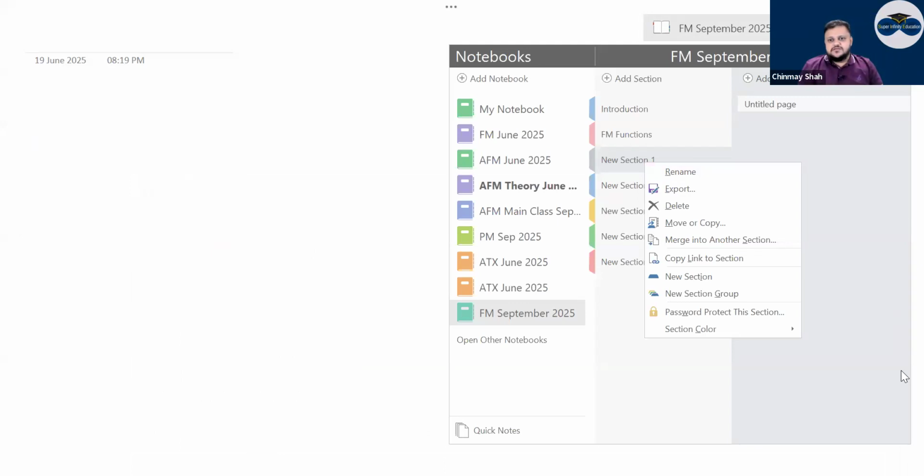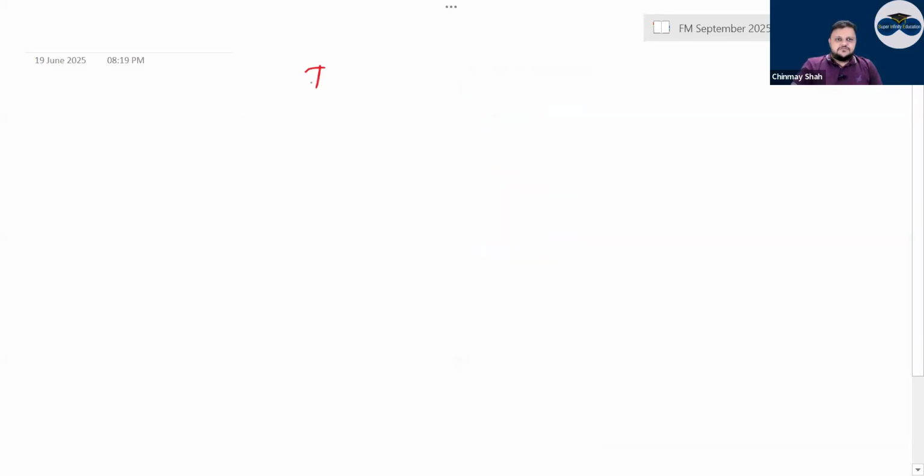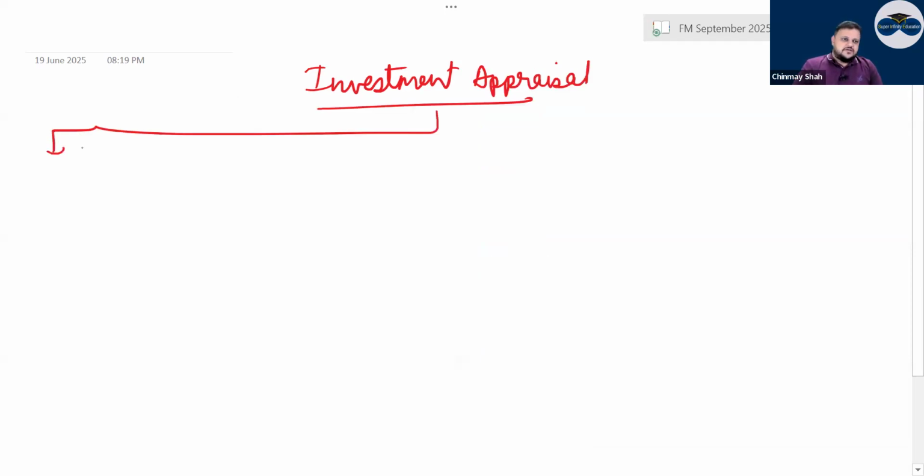Write down next heading on some new page. ठीक है, write down investment appraisal. पहले investment appraisal का master chart we will make. There are going to be 8-9 headings here, correct? First write down basics.